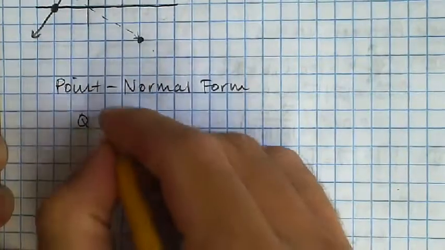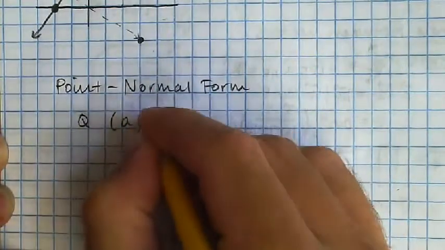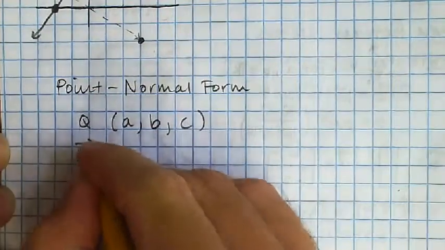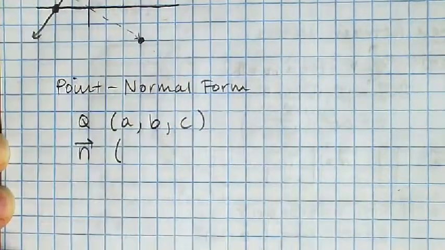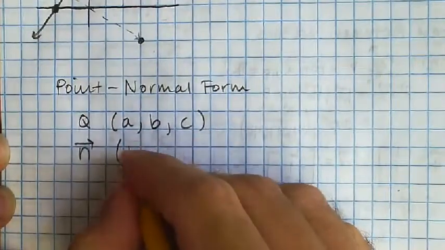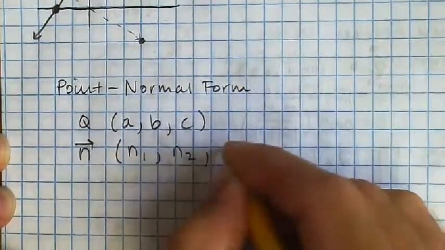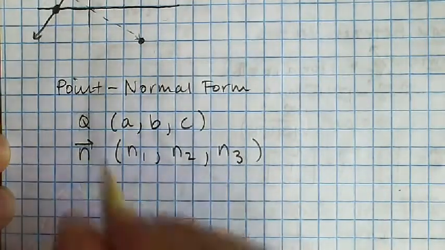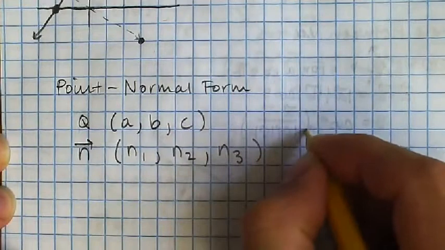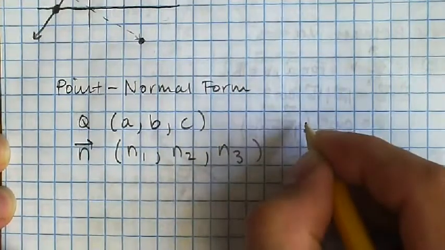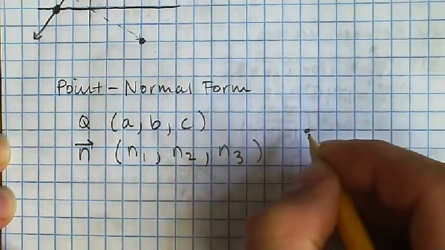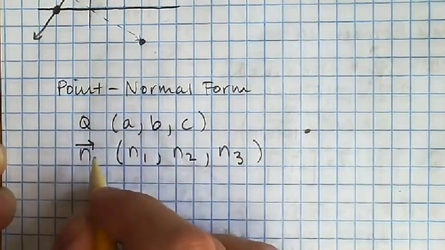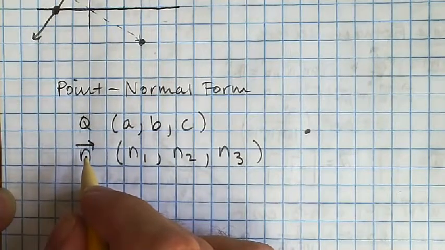So I've got point Q, which is (a, b, c), and normal vector n, say (n1, n2, n3). Well, if I've got a point and a normal, then I've really just defined the plane as the set of all vectors that are starting from Q, and the vector itself is orthogonal to n.